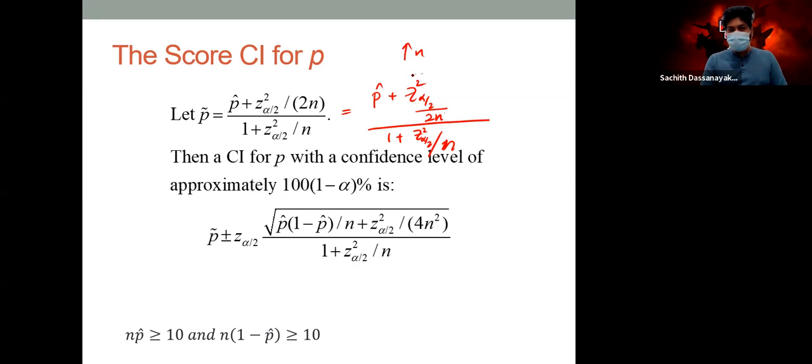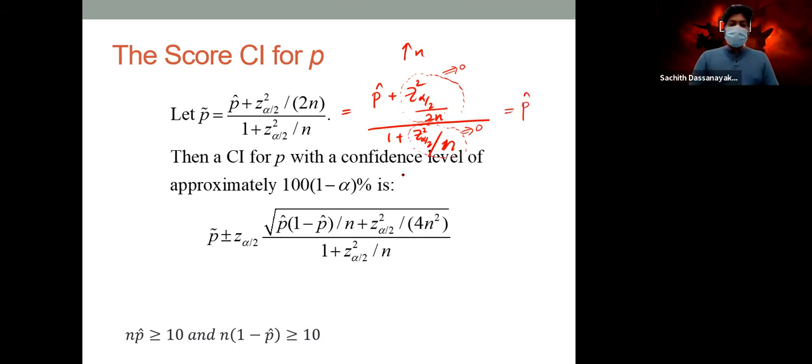What will happen to this small fraction? This closes to 0, right? Something over a huge number is very close to 0, not 0, but close to 0. The same happens here. For the denominator piece, this fraction closes to 0. So what happened? P tilde equals p hat.